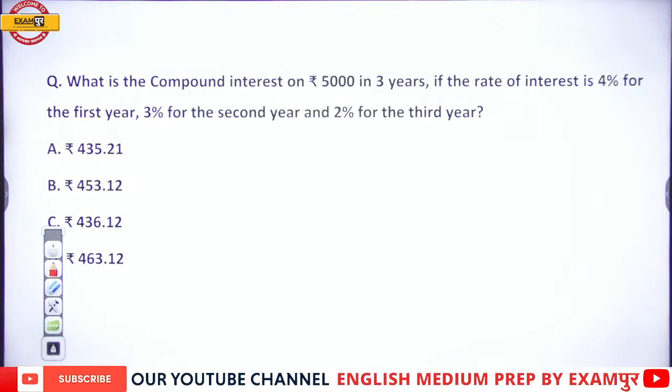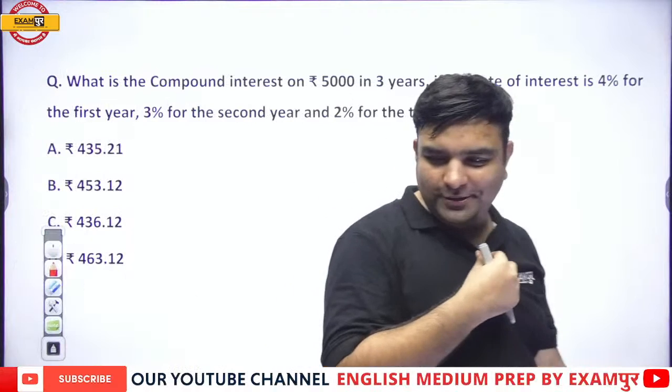Compound interest on rupees 5,000 for 3 years. Rate for the first year is 4%, for the second year 3%, for the third year 2%. Oh my God.